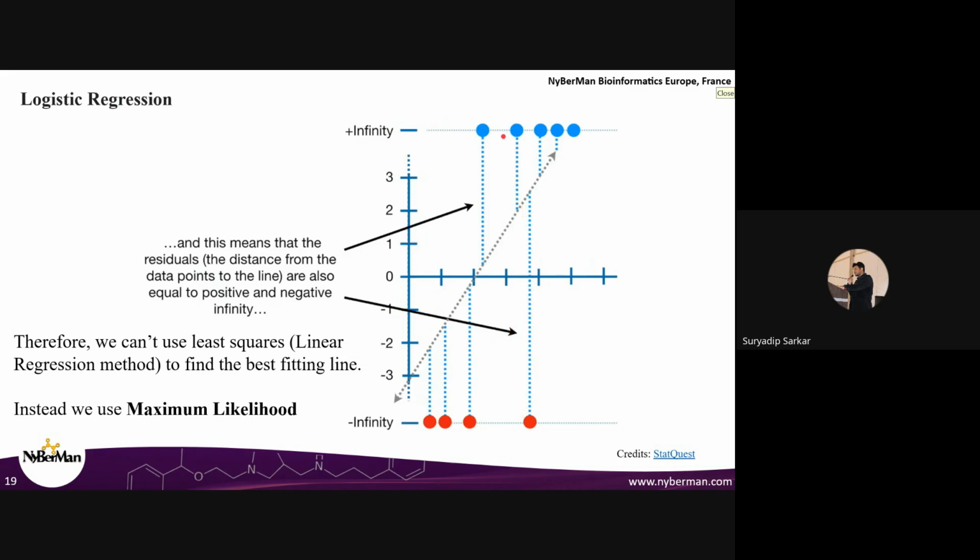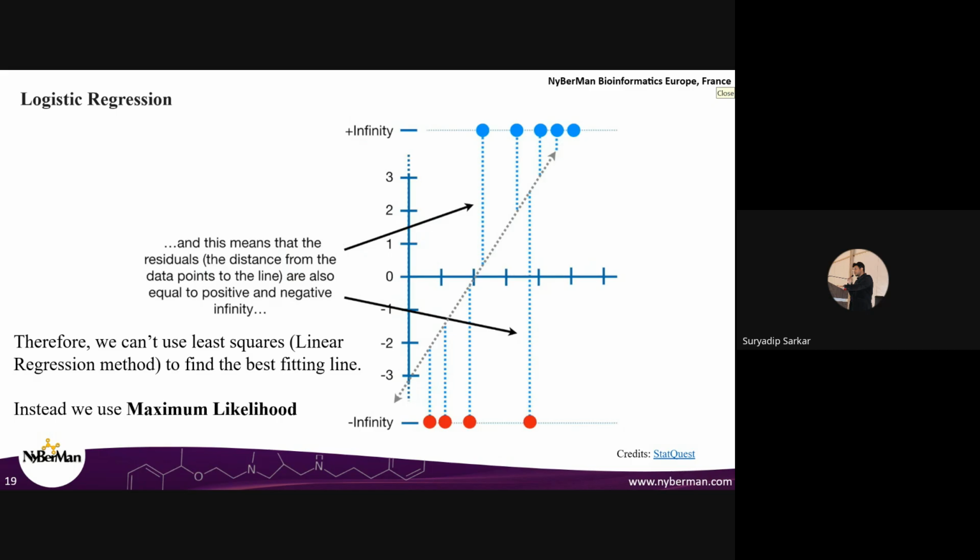Since the residual values are positive infinity and negative infinity, it is not practically possible for us to follow the same route that we followed yesterday: figure out the sum of squares errors, which will be positive infinity and negative infinity, by the way, take their derivatives and then figure out how to optimize it. It won't be possible because the residuals themselves are negative and positive infinity.